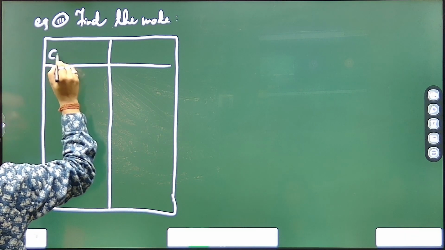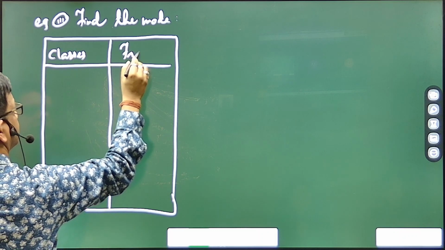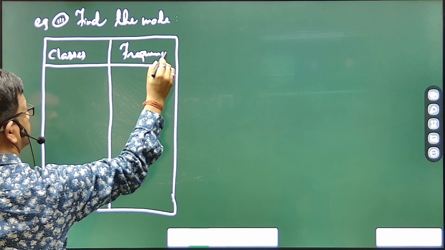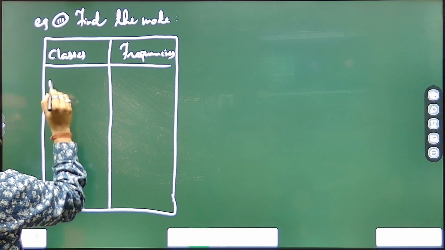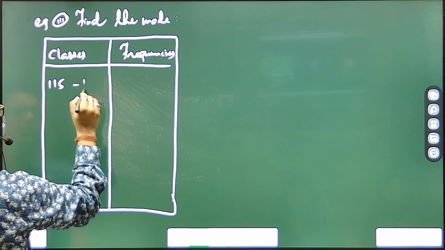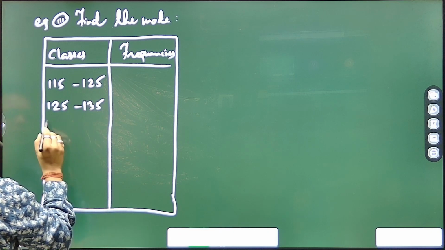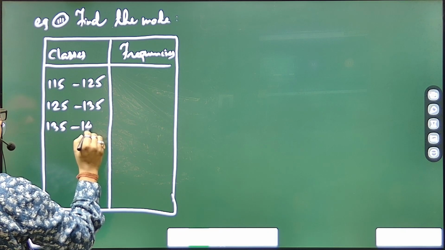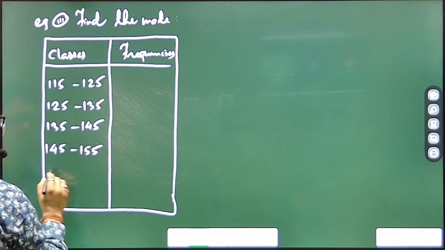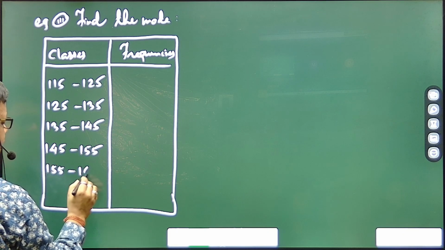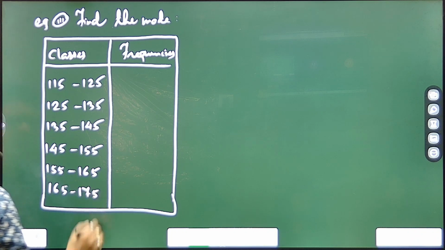These are the classes, and here are the frequencies, right? So suppose 115 to 125, 125 to 135, 135 to 145, 145 to 155, then 155 to 165, and suppose 165 to 175, right?